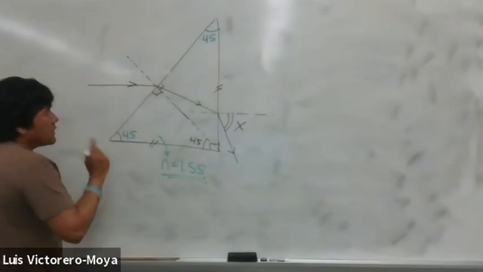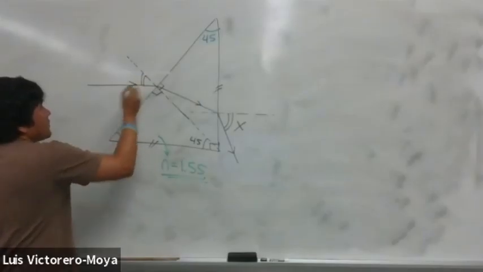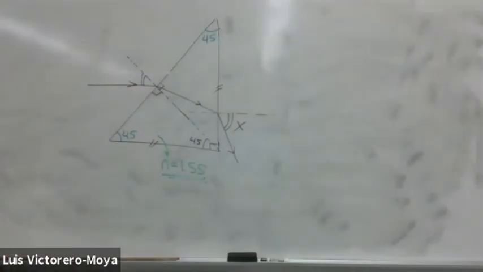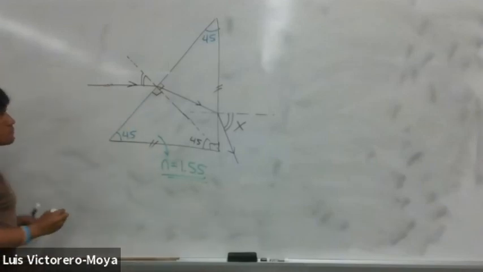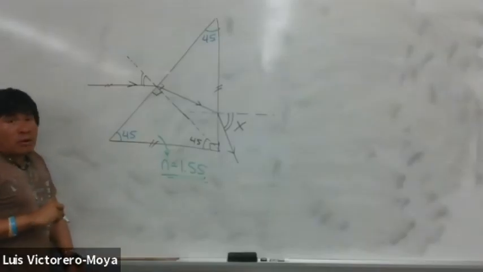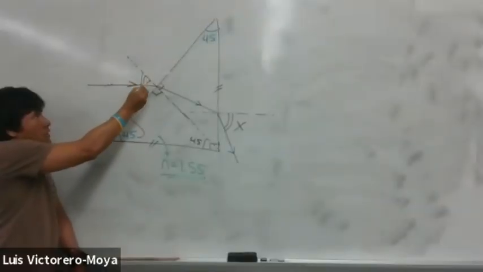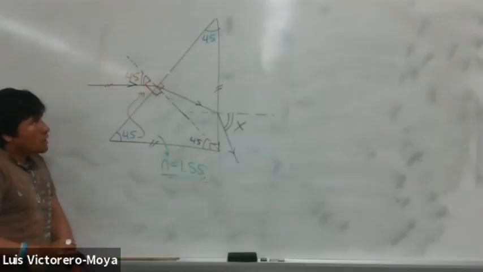In any case, that also helps you find the angle of incidence. What's the angle of incidence, if this is parallel to the base? Tomorrow you may have to think about that, by the way. 45. So that's 45, but only this is 90, so that's 45.